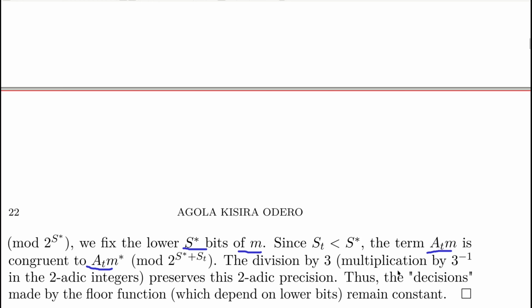The division by 3, multiplication by the inverse of 3, in the two-adic integers preserves this two-adic precision. Thus, the decisions made by the flow function, which depend on lower bits, remain constant.